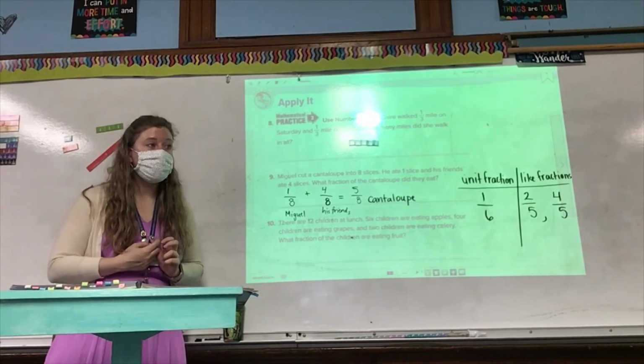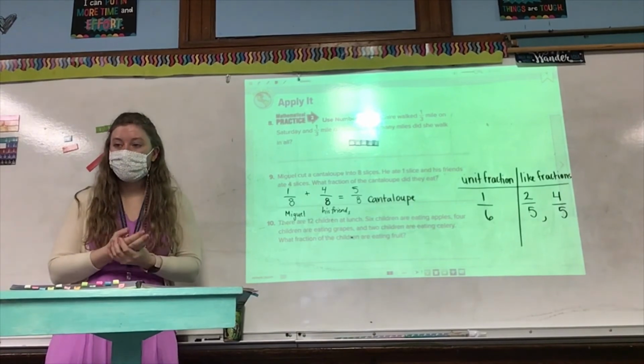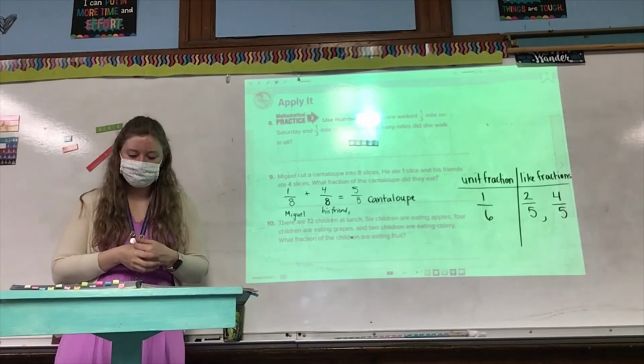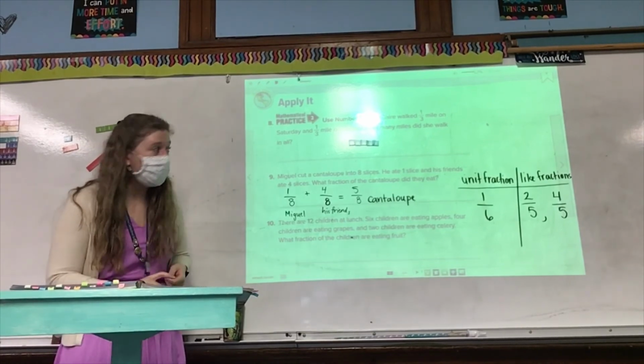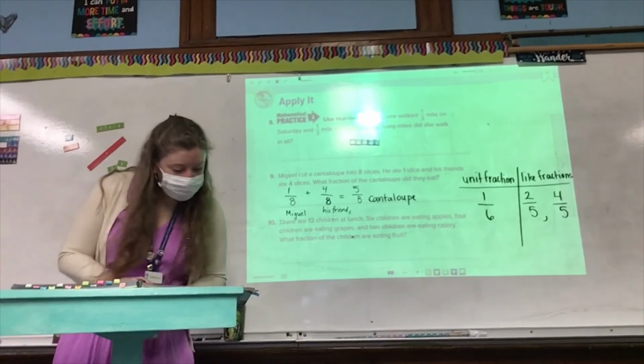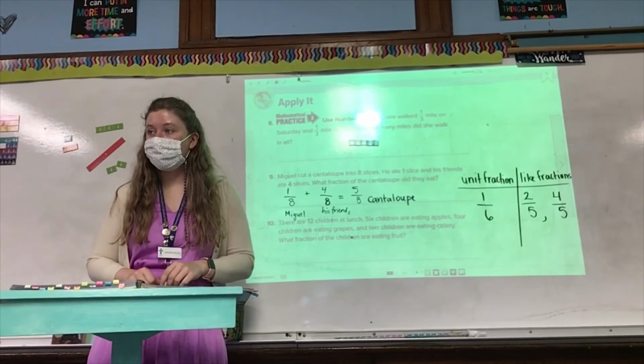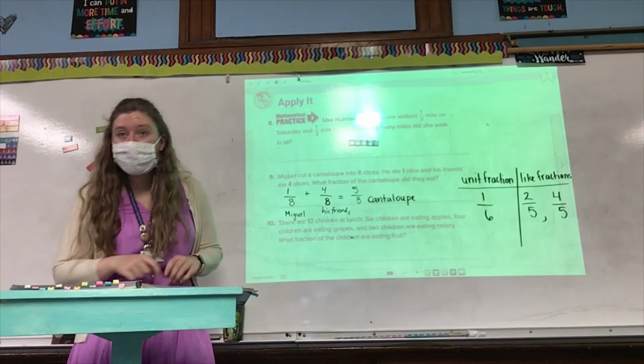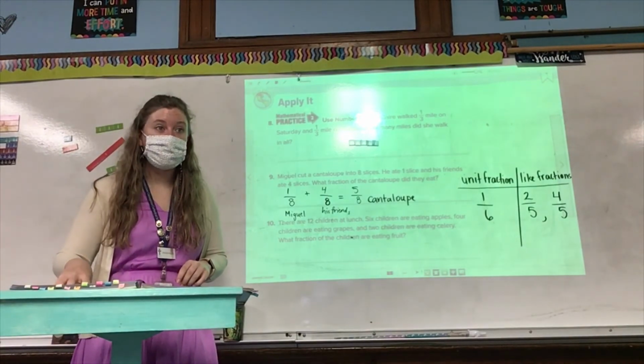Look at the homework. You will get your own, a printed one, but it's set up the same way. Numbers 1 through 4 are just like 2 and 3 on the independent practice. Numbers 5 through 8, you have models right there.